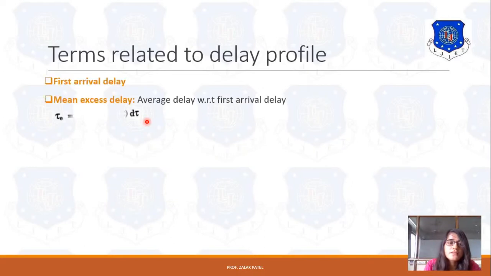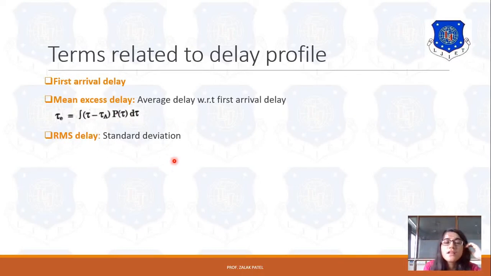Now let's see another term, which is RMS delay, meaning root mean square delay. It is called the standard deviation. We can also calculate this RMS delay with various Gaussian profiles, in which if you know the mean and variance values, then you can calculate the RMS delay. We also have its equation: tau D is equal to the integral of (tau minus tau E) squared into power of tau d tau, raised to 1 by 2.